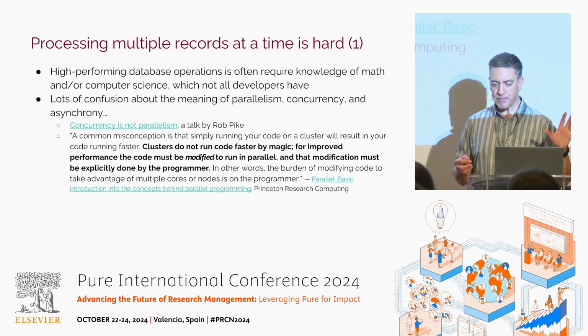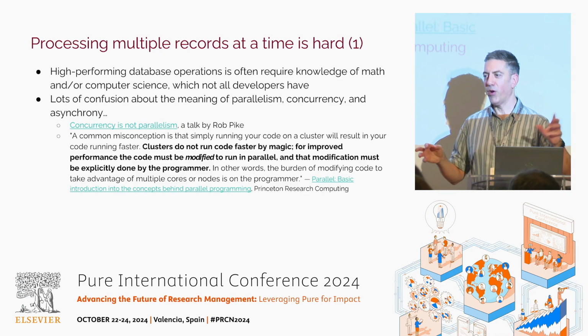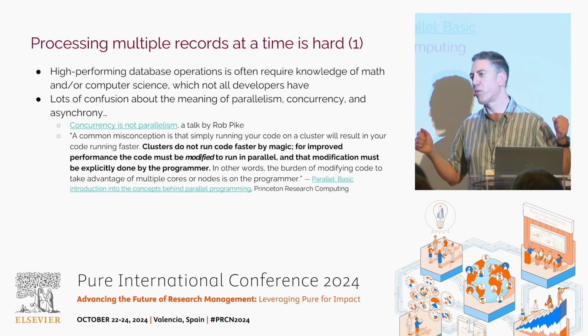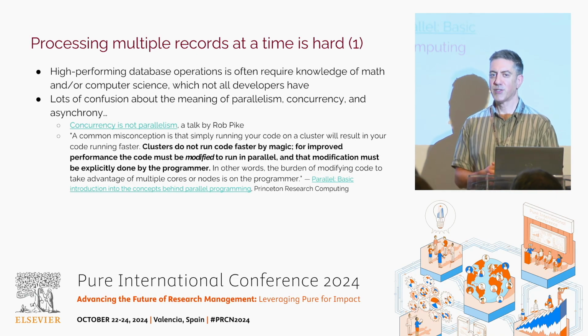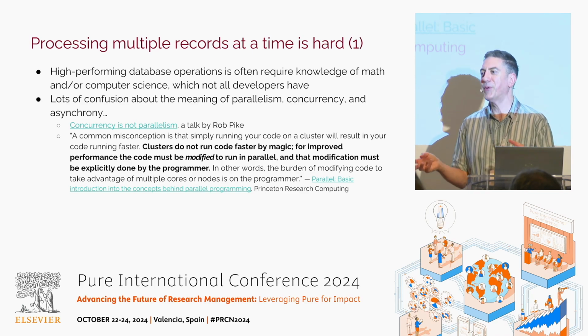And similarly, another example is something that a friend of mine who supports research computing talks to me about a lot. He'll say a lot of his researchers will complain, oh well my code is running really slow. We need a more powerful cluster. And he'll tell them, well, no, you actually haven't written it to even take advantage of the multiple cores in your CPU.